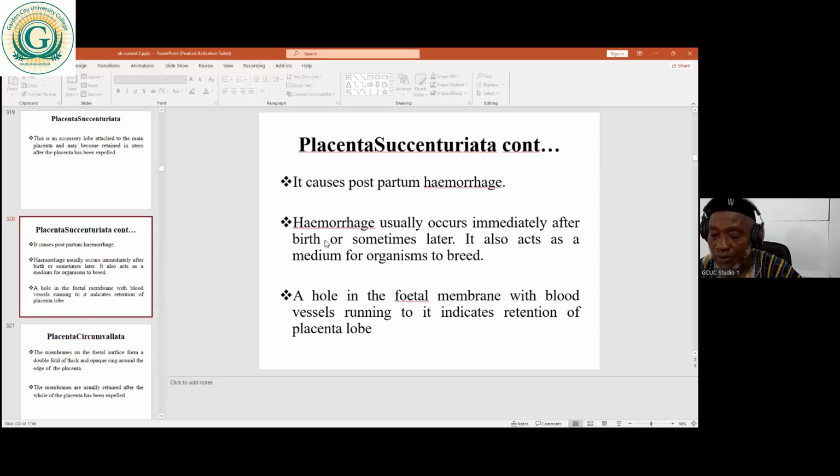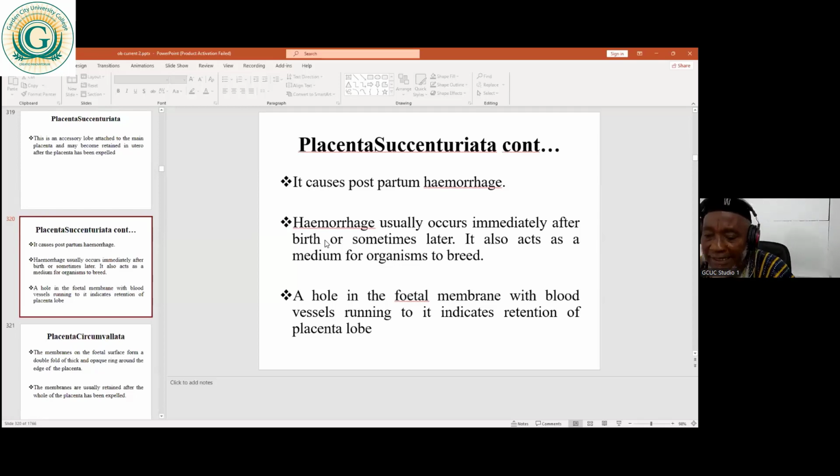So the woman will bleed. And if the piece is left there, especially outside hospital delivery, the leftover will cause infection to the woman, and that will be very dangerous.